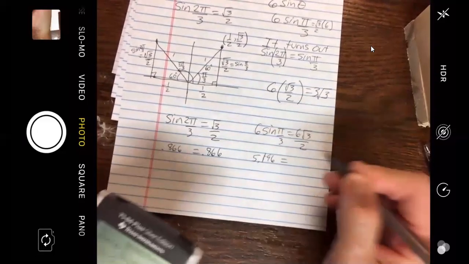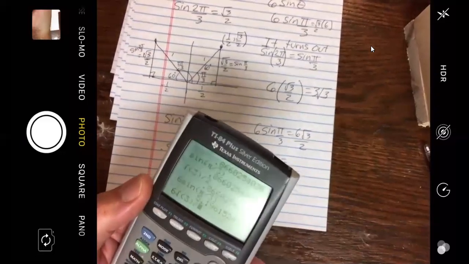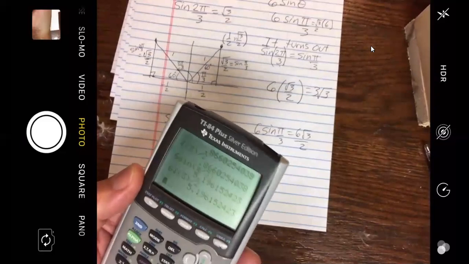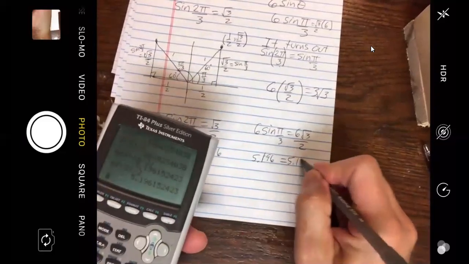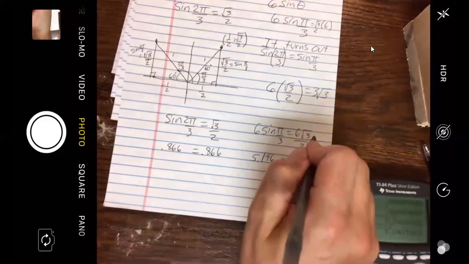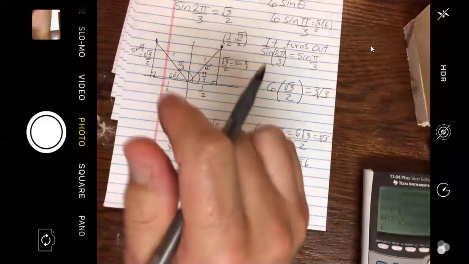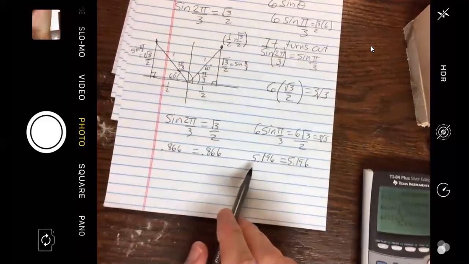On the other side, 6 square root of 3 divided by 2, and you get the same thing, which is 3 root 3. I don't know if that proved anything to anybody or to you or only to me.